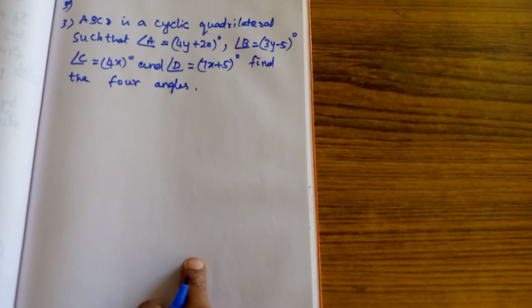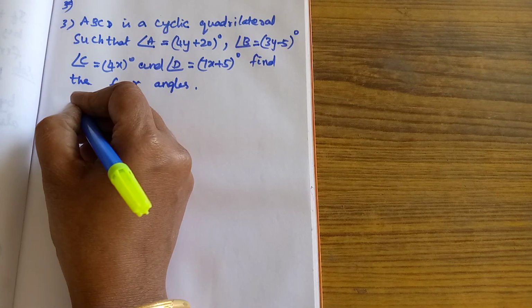Here a cyclic quadrilateral is given. What is meant by cyclic quadrilateral? A quadrilateral is called cyclic quadrilateral if all its 4 vertices lie on the circumference of the circle. Okay, that you should know.